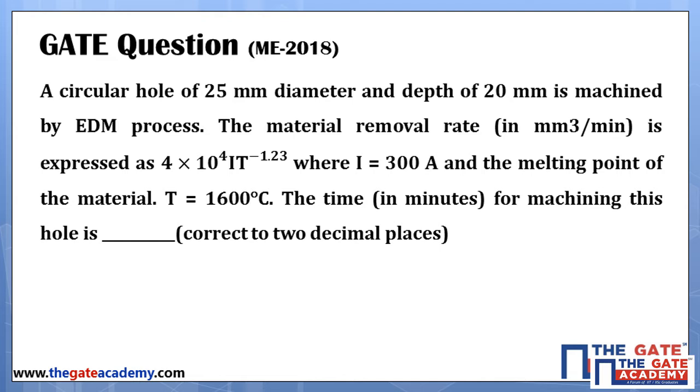Now where current is 300 ampere and melting point of that material is 1600 degrees centigrade. The time in minutes for machining this hole is, so we have to find out the machining time, and we are given this MRR.